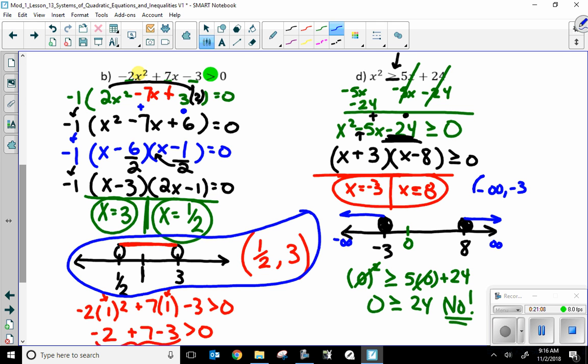Infinity always uses the parenthesis, but for the -3, I want to include that. And I union, or include, from 8 to positive infinity. Infinity always uses the parenthesis. The 8 has a filled-in circle. Bam. And there you go.